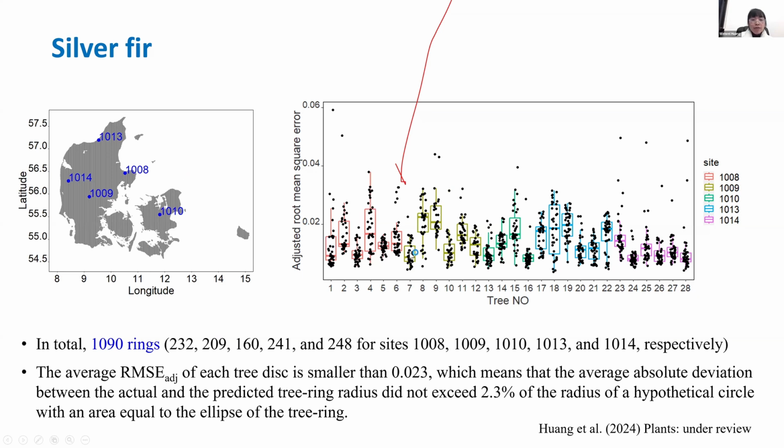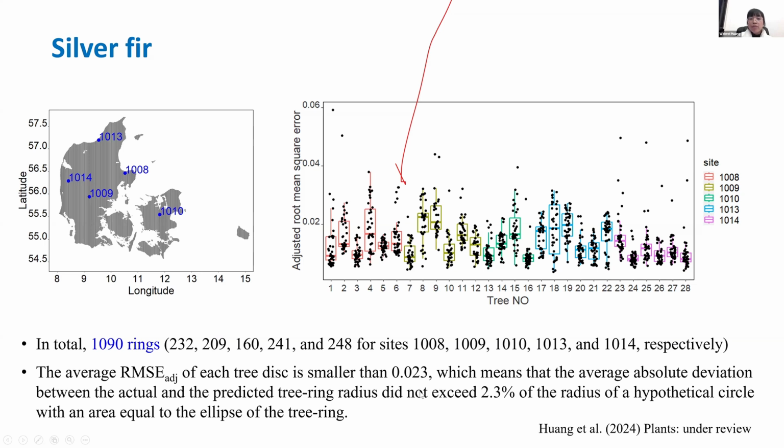The average MSE of each tree disc is smaller than 0.023, which means that the average absolute deviation between the actual and the predicted tree ring radius did not exceed 2.3% of the radius of a hypothetical circle with an area equal to the ellipse of the tree rings.